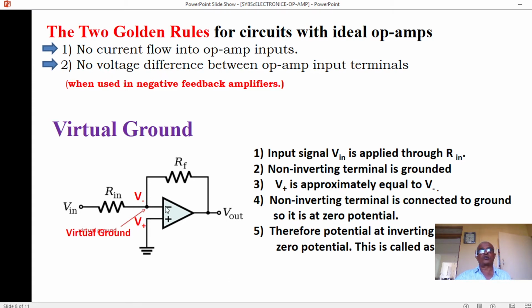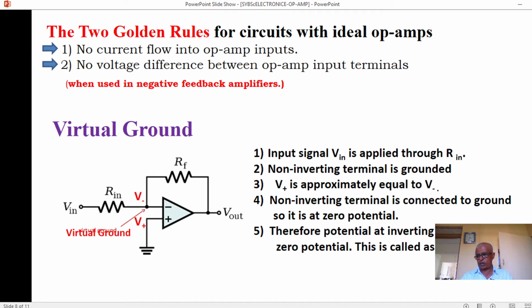These are the two points which should be at the same voltage, that is, there should be no voltage difference. So these are very valuable laws, hence called golden laws. With the help of these laws only we can explain the action or working of operational amplifier circuits. And the next most important property of the op-amp is the virtual ground property.